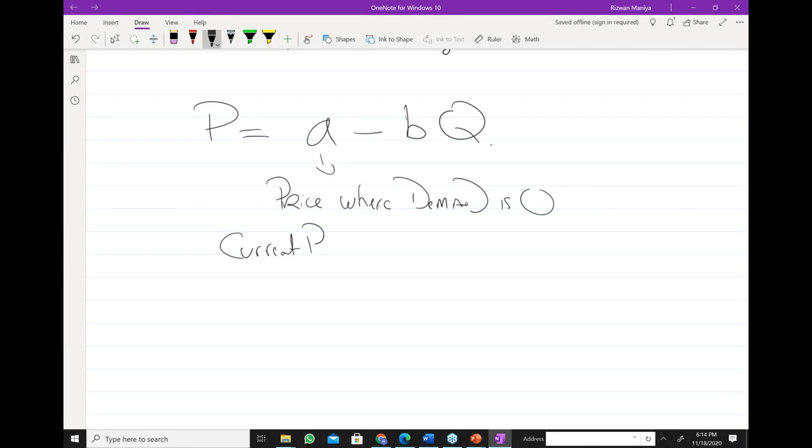Current price plus current demand divided by change in demand into change in price.